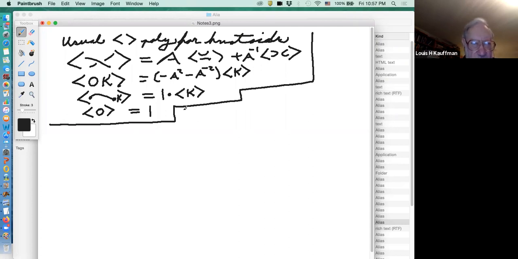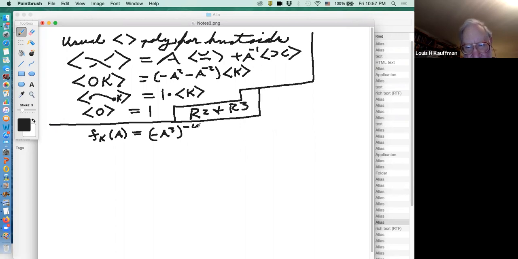This is invariant under Reidemeister 2 and Reidemeister 3, just like the usual bracket. You can investigate that. And you can normalize this in exactly the usual way. F_K of A is equal to minus A cubed to the negative writhe of K times bracket K.